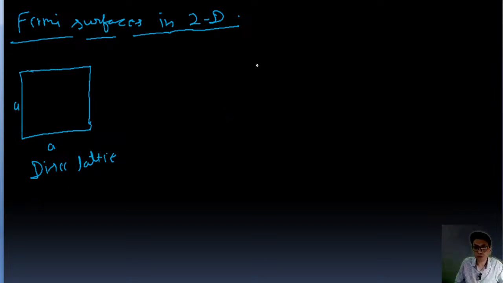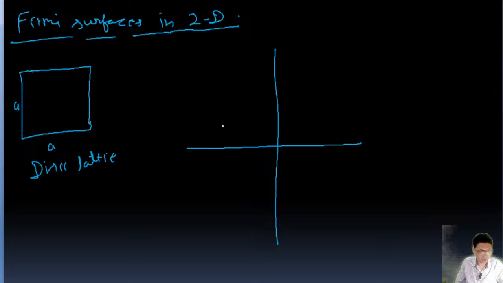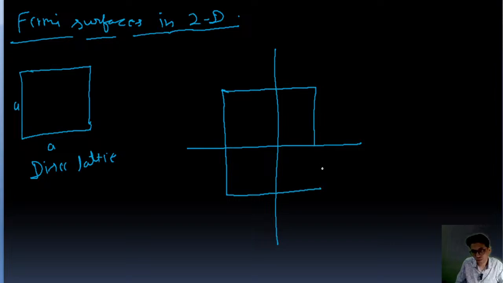Okay. So if you talk about the reciprocal lattice, there is this one. So this is 0 comma minus pi by a, right?